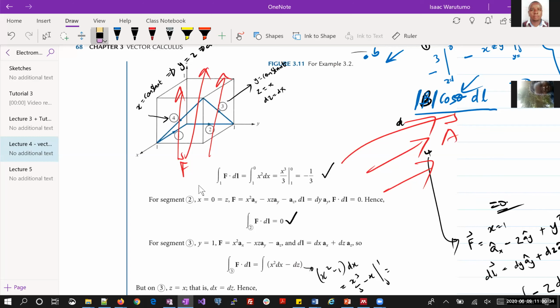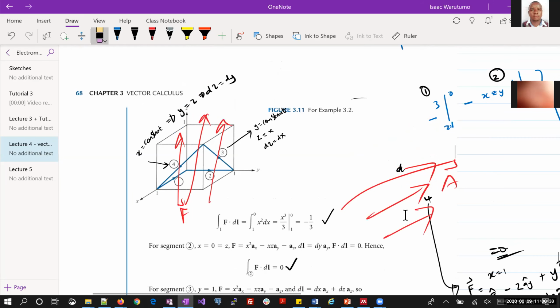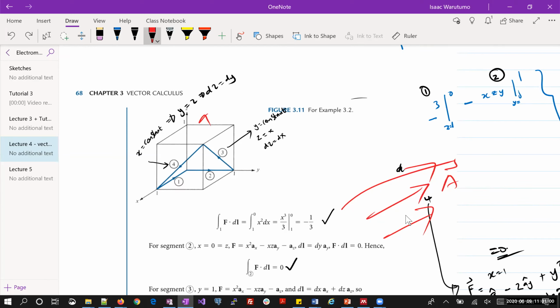Hope I'm not going to delete what I have not deleted. Yeah, I think here we are. Some things I've deleted, but let me wrap this one as well. So we have, this is our path that is defined by 1, 2, 3, and back to 4.